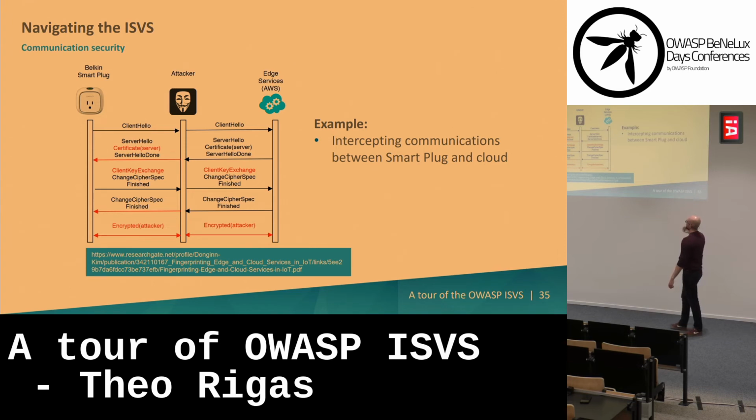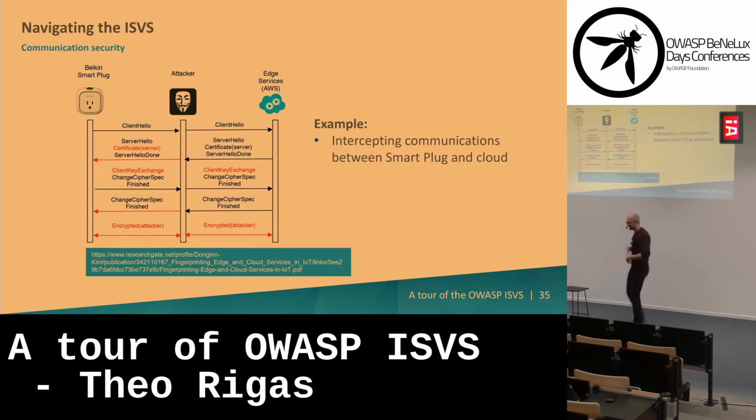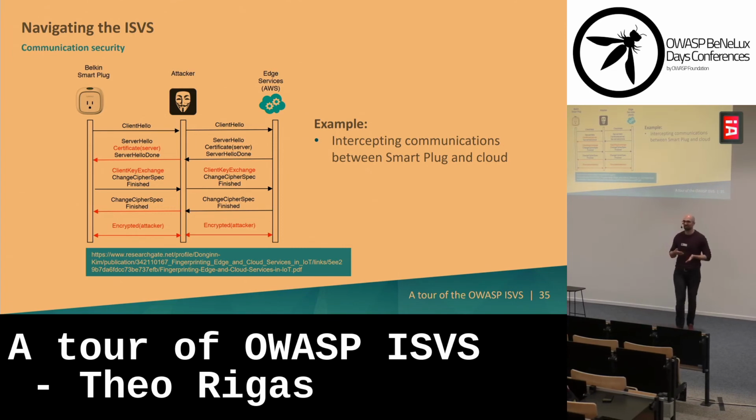And in fact, this is something very crucial in IoT devices to get right, because if you think about testing a browser or a mobile application, you have control over them. So you can make them trust the certificate of your proxy, for example, your ZAP proxy, and then you can intercept the communications and see what's in there and understand what exactly is the protocol that they're talking with the server.